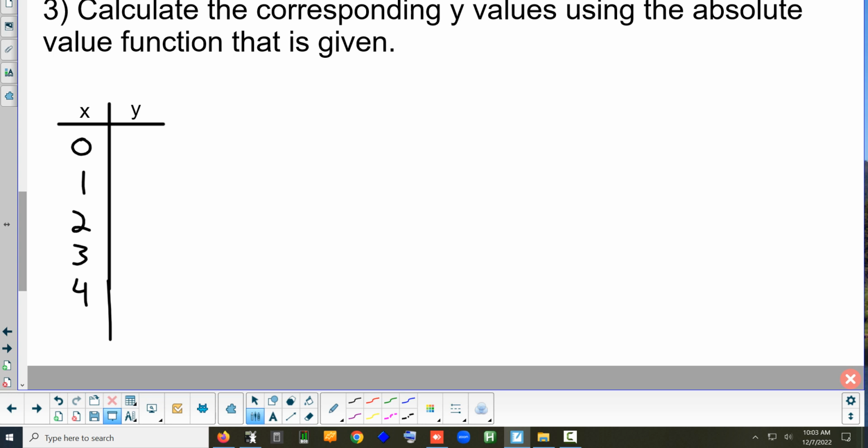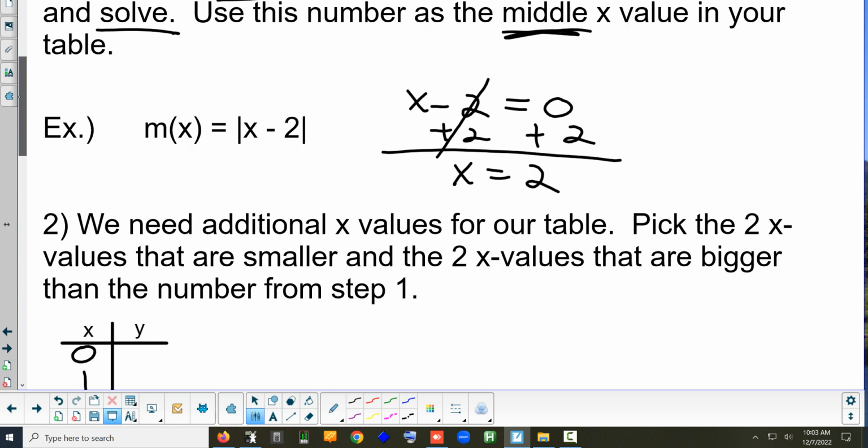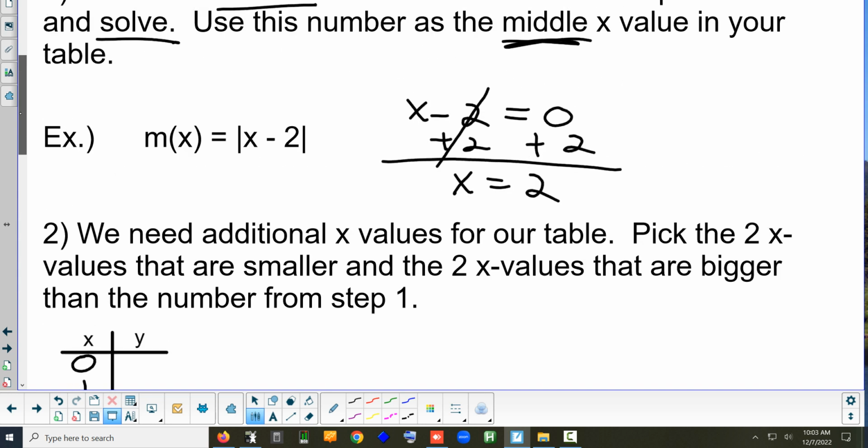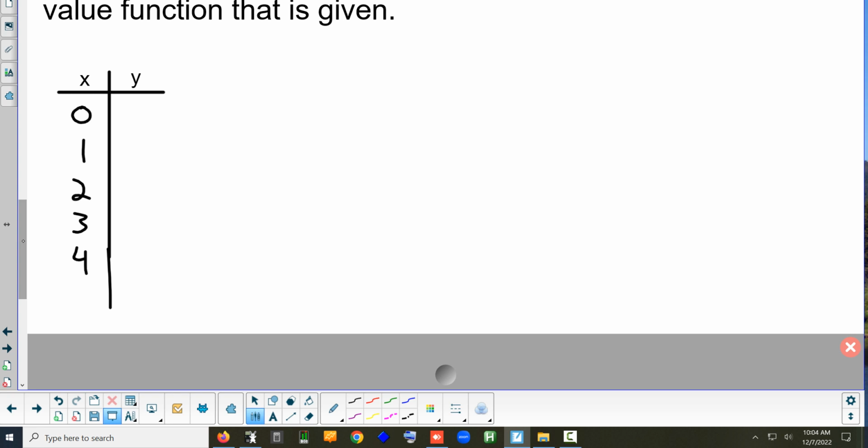I'm going to scroll back up and copy down what my formula was, so that way I don't have to keep going up and down. M of x equals the absolute value of x minus 2. Right, so let's plug them in one at a time and see what we get.